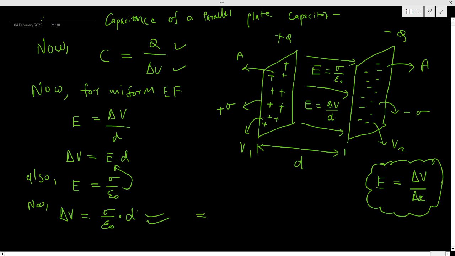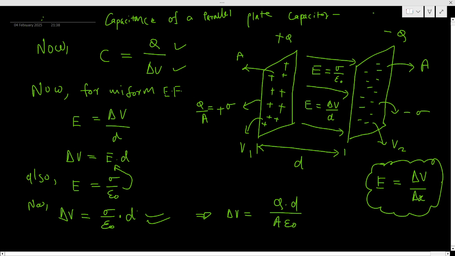Keep in mind, sigma is equal to charge upon area. Very important. We got delta V is equal to Q into D upon area into epsilon naught. We just substituted the value of sigma.